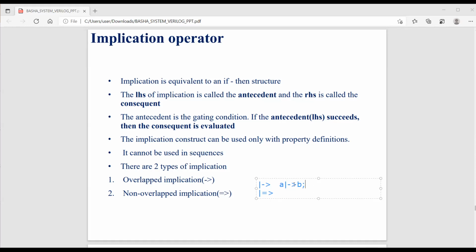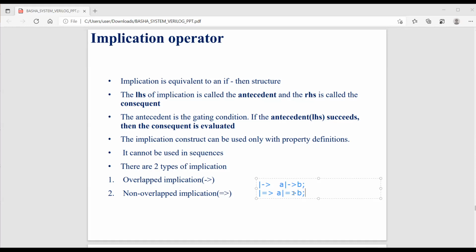So overlapped implication checks the condition in the same clock cycle. Whereas if you use the same condition with the non-overlapped implication operator, it means if A is high, in the next clock cycle your B should be high. So the non-overlapped implication operator consists of one clock cycle delay.